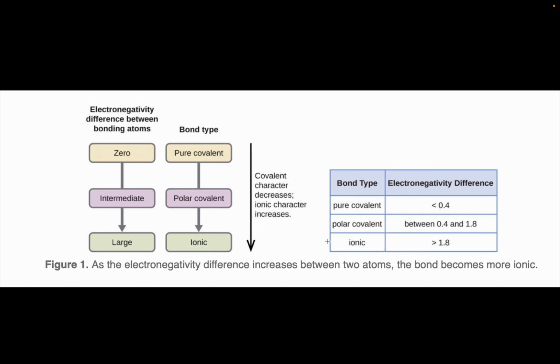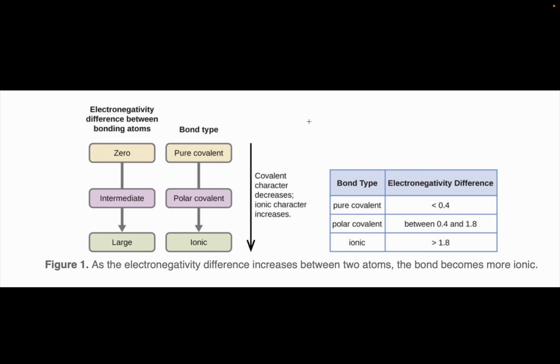You look at the bond between the two atoms, and if the difference in electronegativity is very large, then it's an ionic bond. If the difference in electronegativity is very small, then it is a covalent bond. And if it's in between, it's what we call a polar covalent bond. That's because covalent bonds and ionic bonds aren't just one or the other.